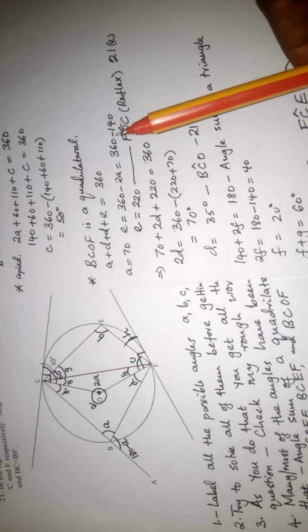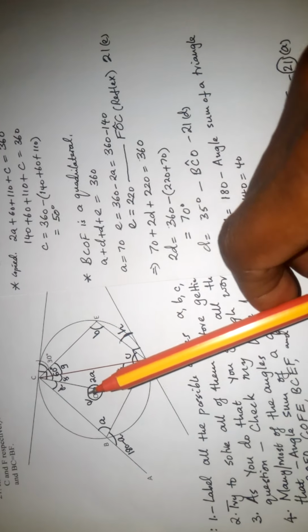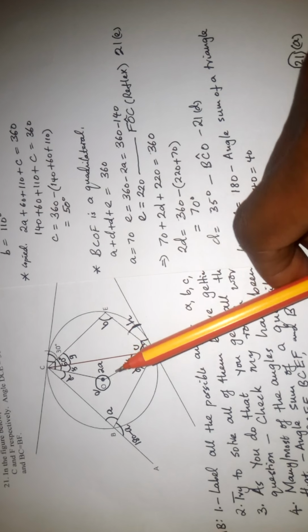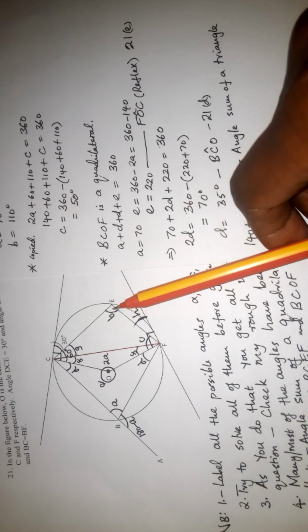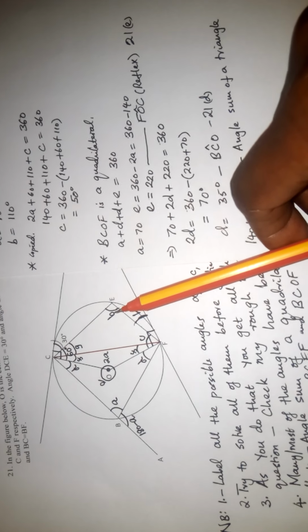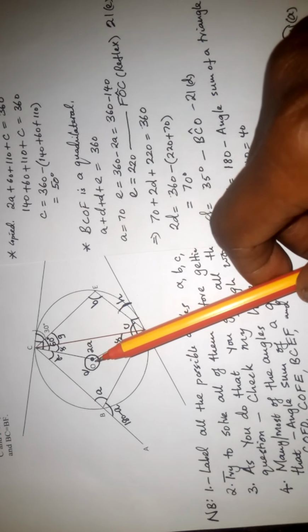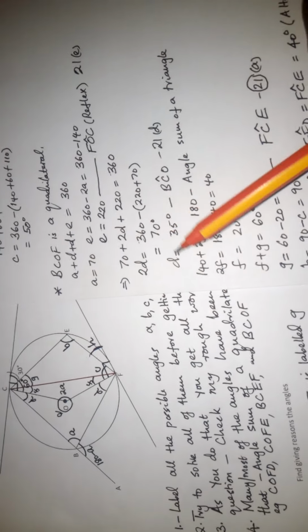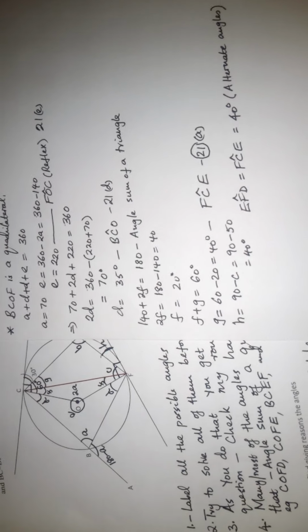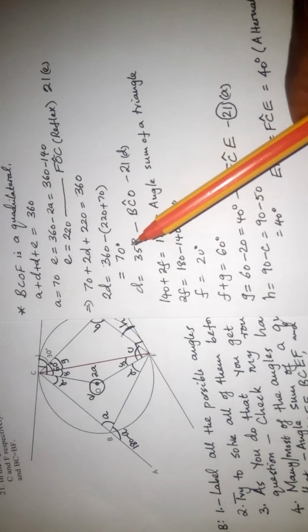Again, that reflex angle E relates with B because this is an angle subtended at the center, which is twice the angle subtended at the circumference. So if B is 110, then E must be 220. So this is still my rough work. I'm not looking at any specific question.